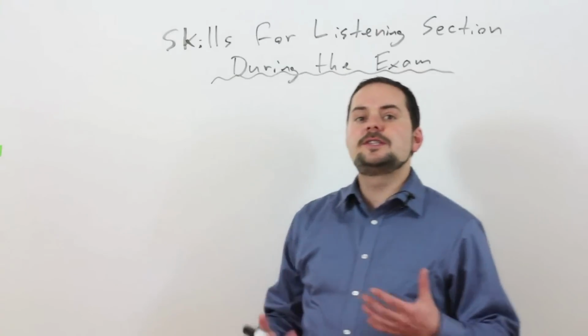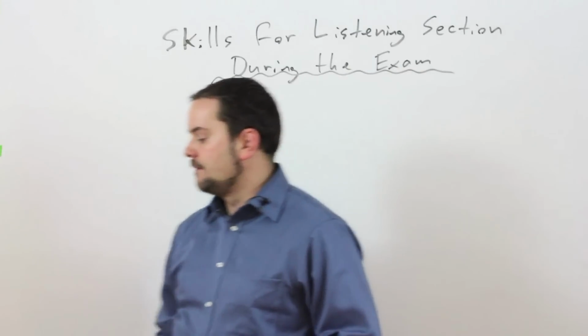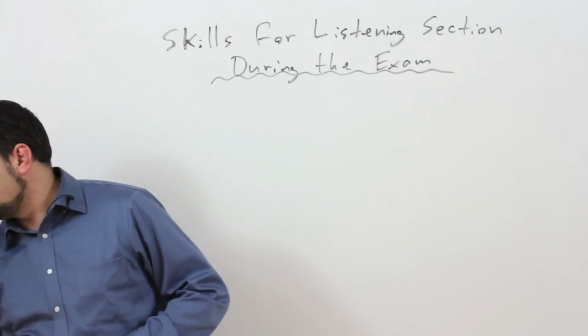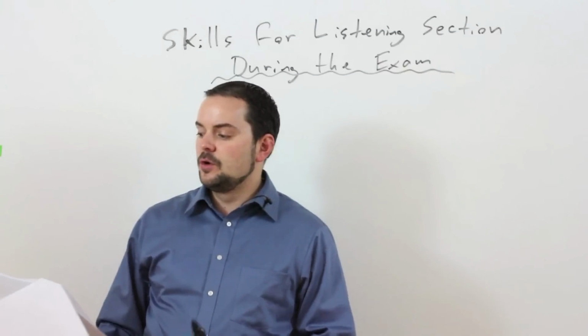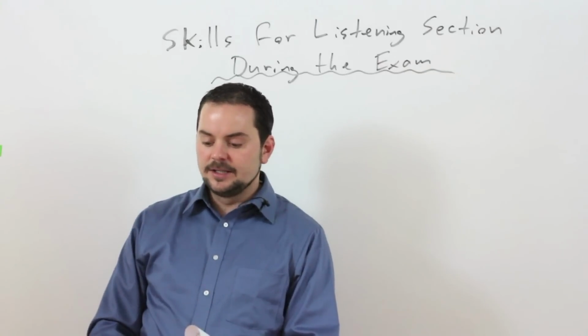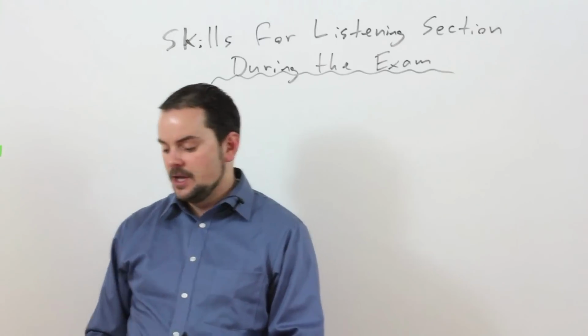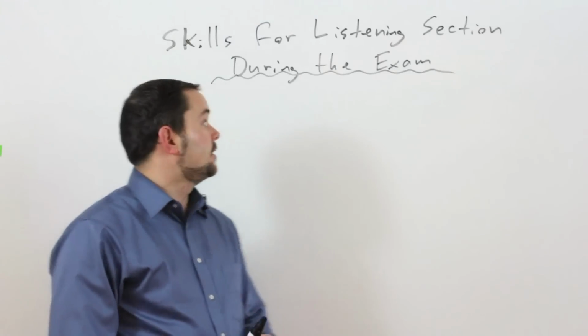For these skills, we're going to look at section 3 of test 1 that we're working with. In your curriculum book, this is going to be from page 86 until page 87. So have a look at that while I'm giving you these skills.